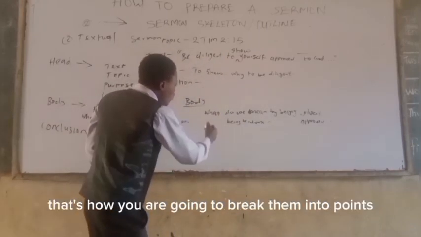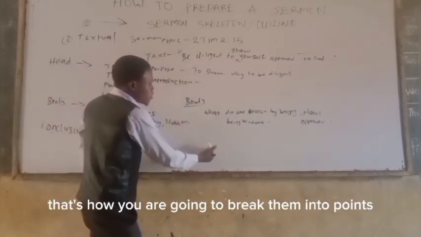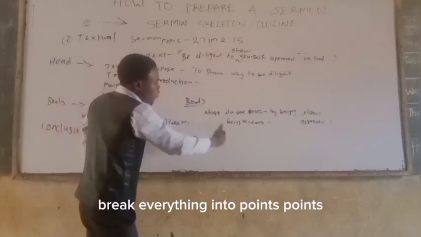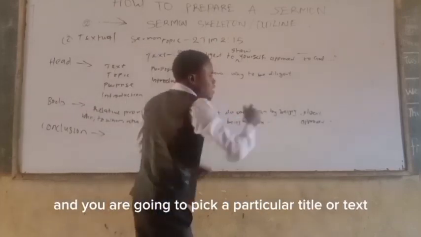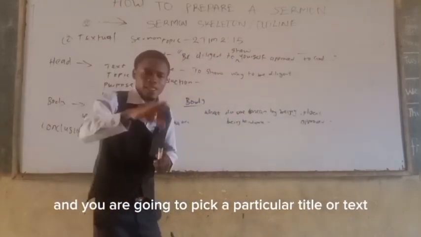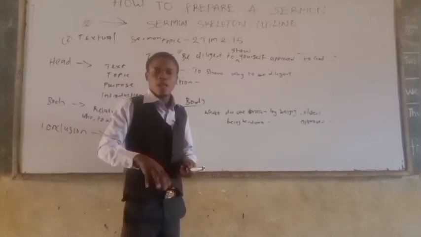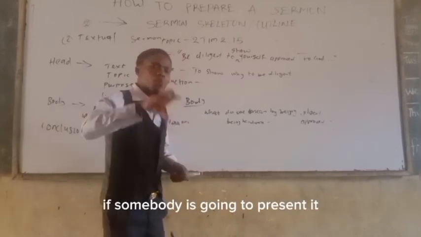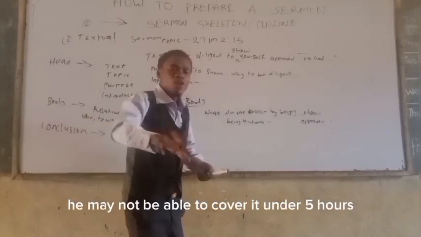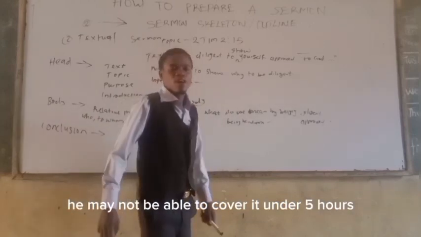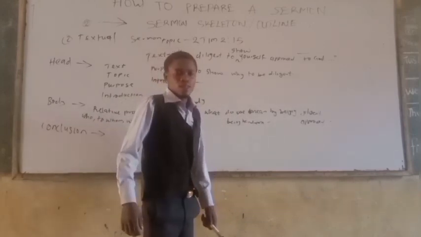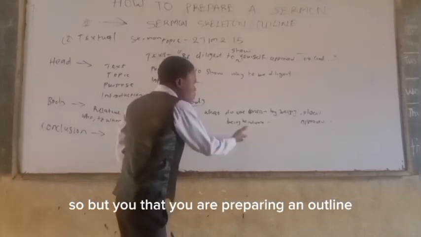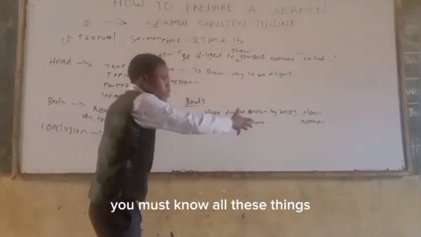That's how you are going to put them into points. Break everything into points, and state a particular quote or text, so that your sermon will make sense. If somebody is going to present it, he may not be able to cover it under 5 hours. But you that are preparing an outline must know all these things.